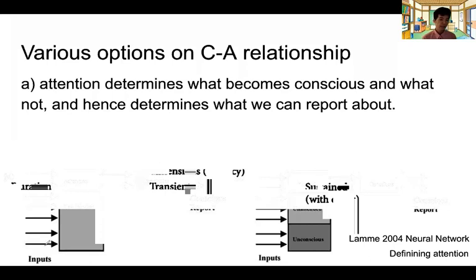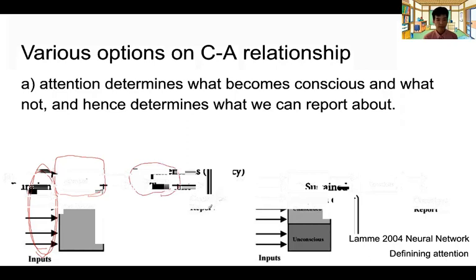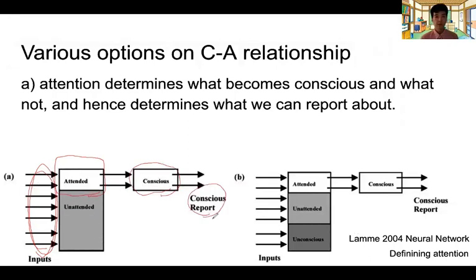Here is the bulk of the sensory inputs across vision, audition, touch, and taste. Among them, some kind of attentional filter comes in, and the attended process gets enhanced and selected, and then becomes conscious. That is something that people report, and that's what the behavioral science of consciousness can deal with.